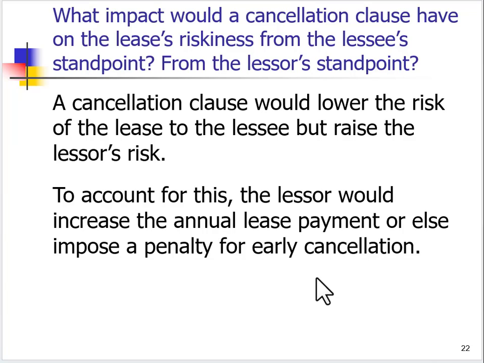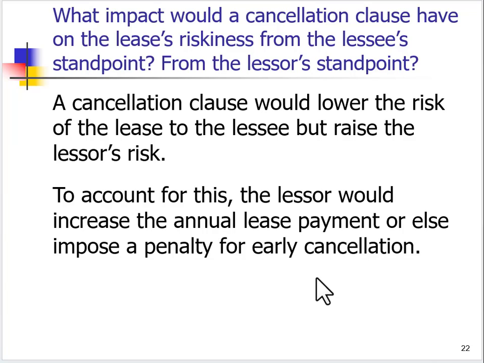Some of the characteristics that could also be inside these leases are cancellation clauses, right? So again, what does the cancellation clause do to the lease? Well, to the lessee, it reduces the risk. If they can get out of the lease whenever they want, and they know what the rules are for getting out of that, there's a clause, then that reduces their risk, but it increases the risk to the lessor.